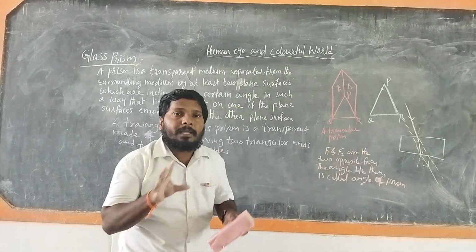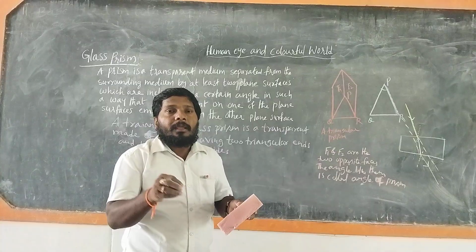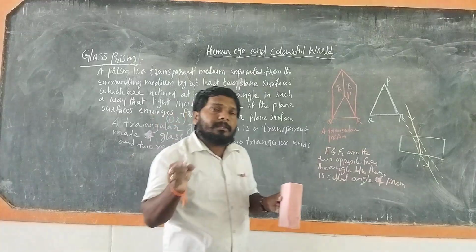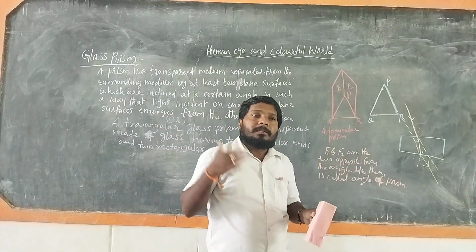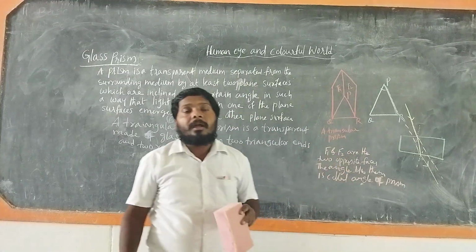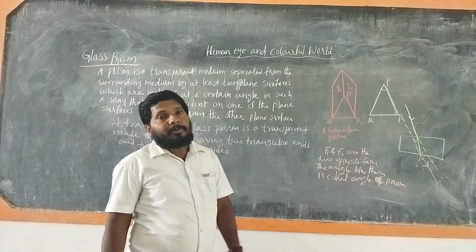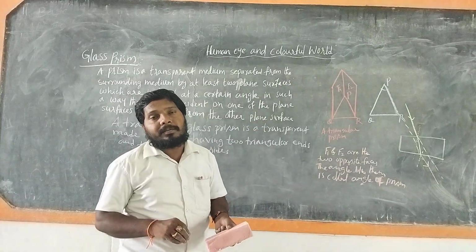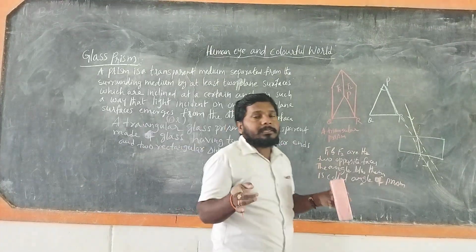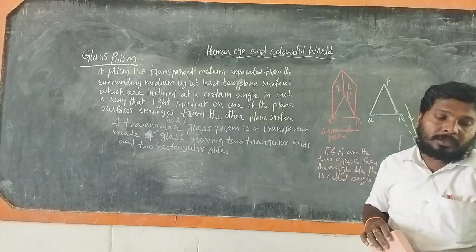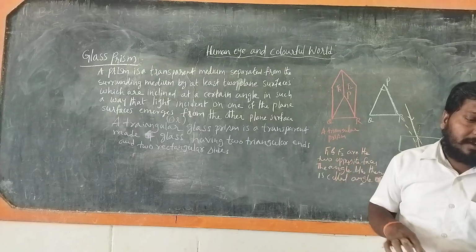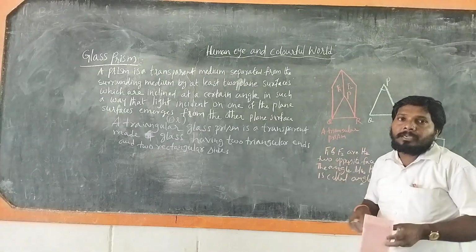Let's understand what happens when light is incident on the prism. We know that if light is incident on a rectangular glass slab, the incident ray and the emergent ray are parallel. In the case of a prism, they are not parallel because the opposite faces of the glass prism are not parallel to each other.